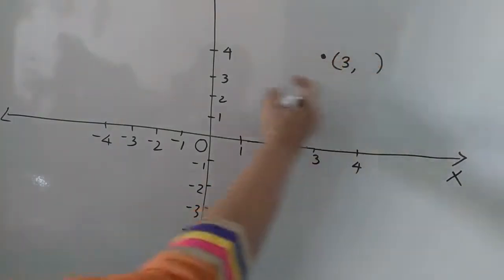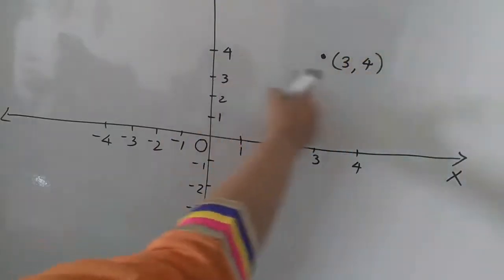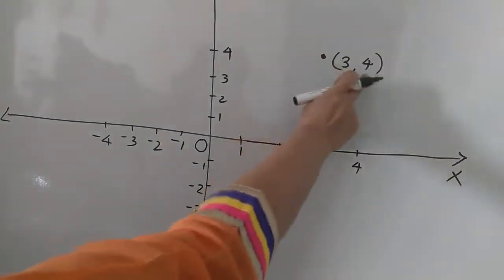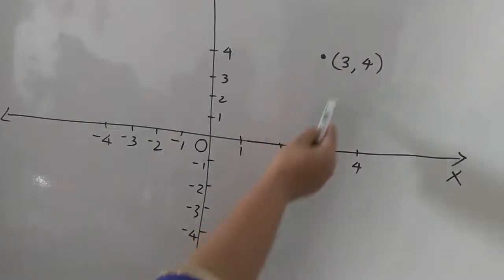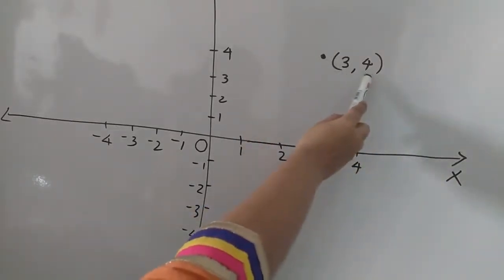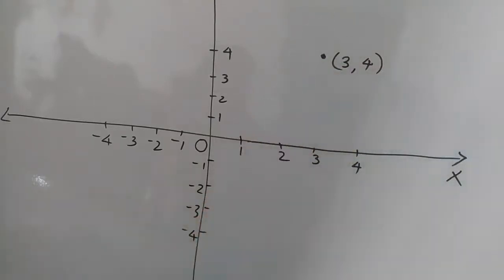This is 3, and the point is lying straight off on the y-axis, so the y coordinate is 4. So the coordinates of the point are (3, 4), which we have already studied in standard 8 and 9 also. Plotting of points we have studied. So this is our x coordinate and this is our y coordinate. Using these coordinates we can plot the point in our graphs.